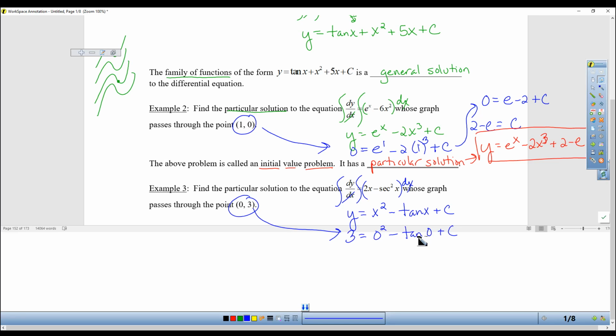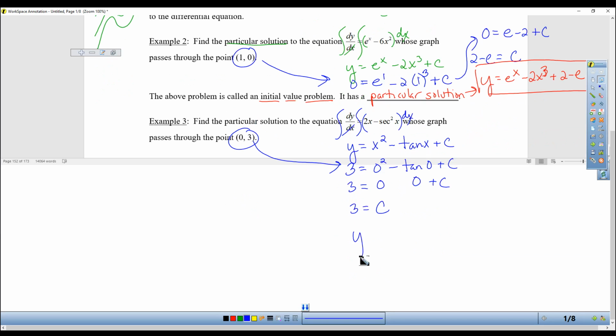You need to know all your trig functions. You need to have them all memorized or on your appendix. Tangent of 0 is 0. So c is equal to 3, which means that my final answer is y is equal to x squared minus tangent of x plus 3.